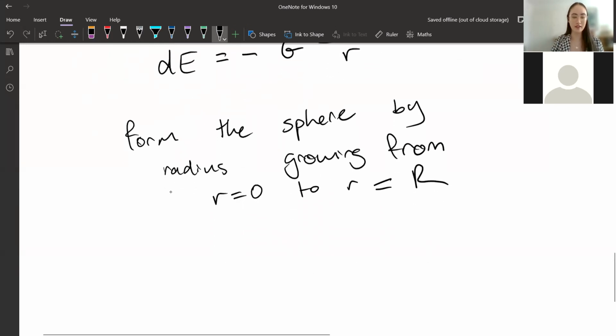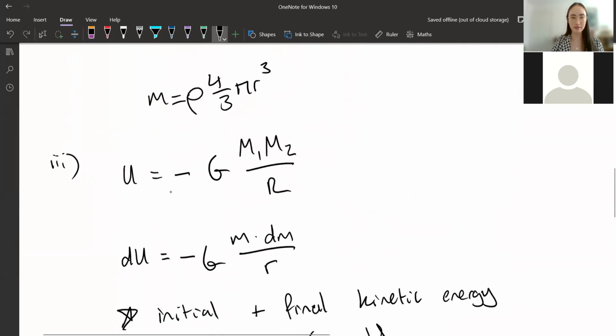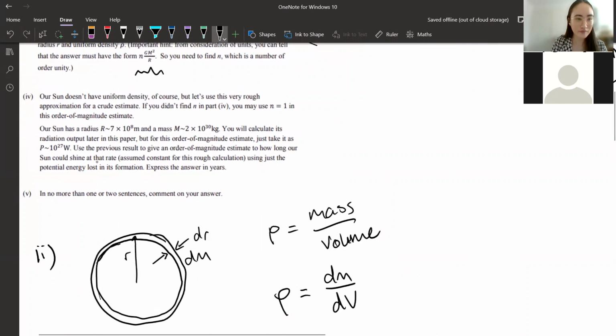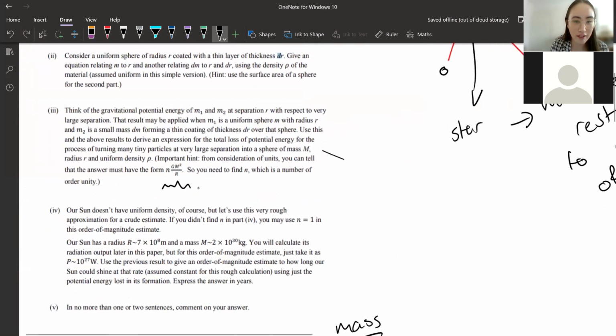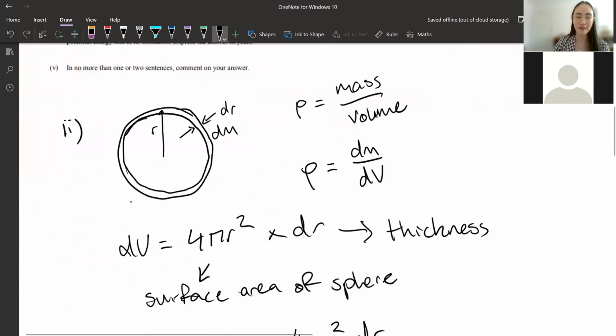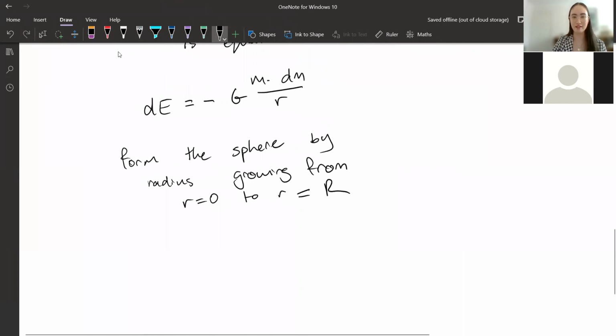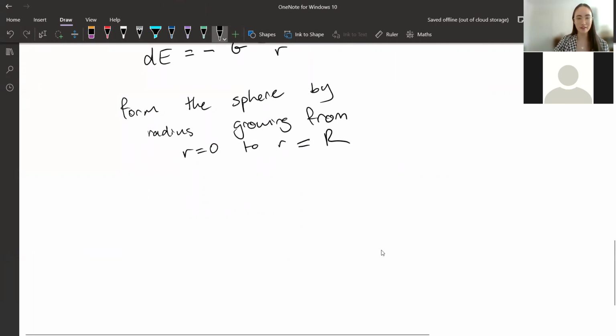And so let's just remind ourselves of what we're actually finding. Part 3, what do we want? We want to derive an expression for the total loss of potential energy for the process of turning many particles into this big star. So to find the total energy, we're going to have to integrate this over this process of when it goes from its initial state to its final state.